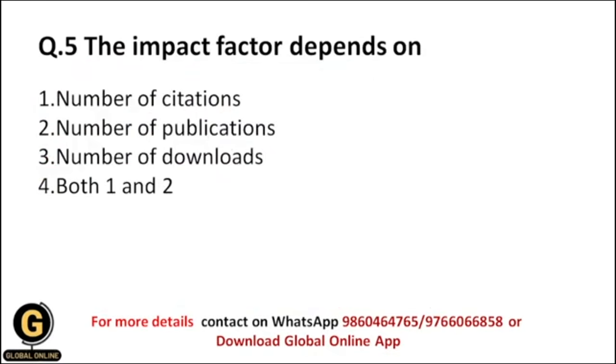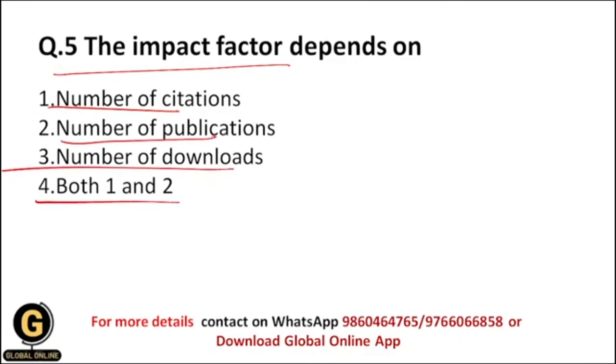Next is, the impact factor depends on. So on what things does the impact factor depend? Whether the number of citations, the number of publications, the number of downloads, or both 1 and 2. So students, if we see the definition of impact factor, or if we calculate the impact factor, then basically we divide the number of times articles are cited in the last 2 years by the total number of publications in these 2 years.